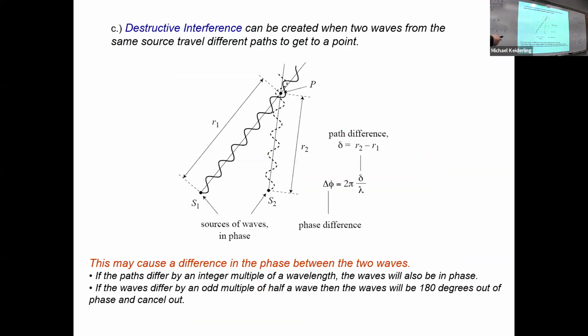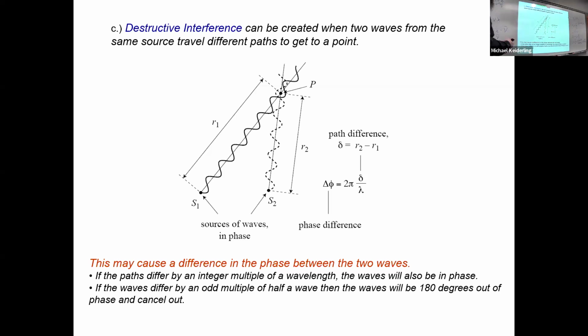Destructive interference can be created when two waves from the same source travel different paths to get to a point. With the diffraction grating, you have light from one slit and light from the next slit. You get a bright spot at the angle where all the waves add up and line up, and the empty space in between is where they don't, and they cancel out.